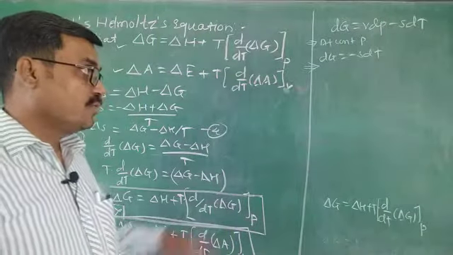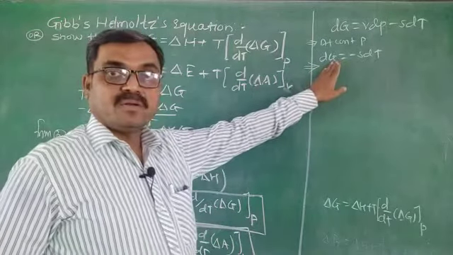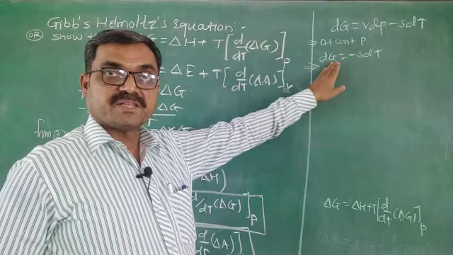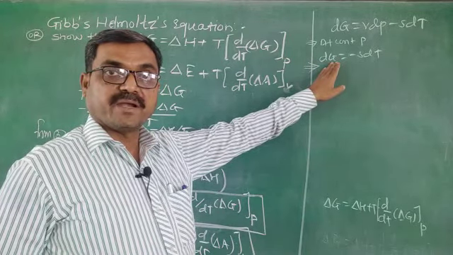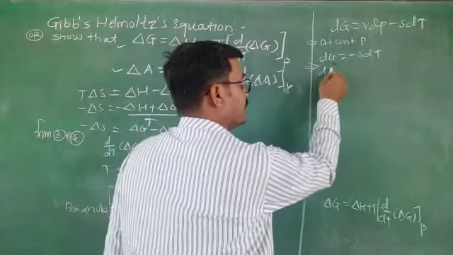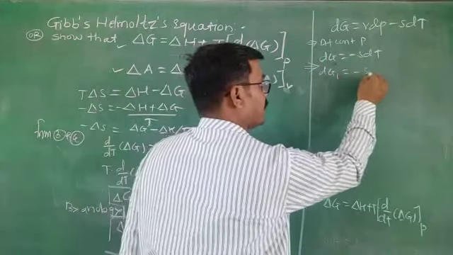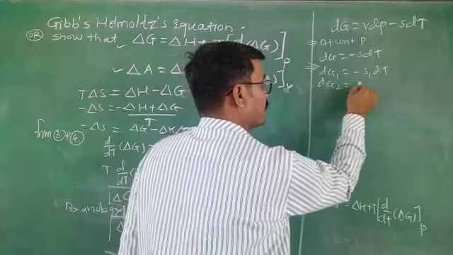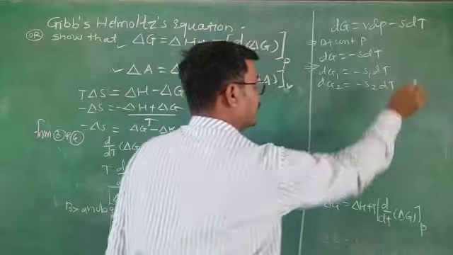How to show? First of all, G1 and G2 are the Gibbs free energies at the initial state and final state. The corresponding entropies are S1 and S2. So the above equation gives dG1 equals minus S1 dT and dG2 equals minus S2 dT.